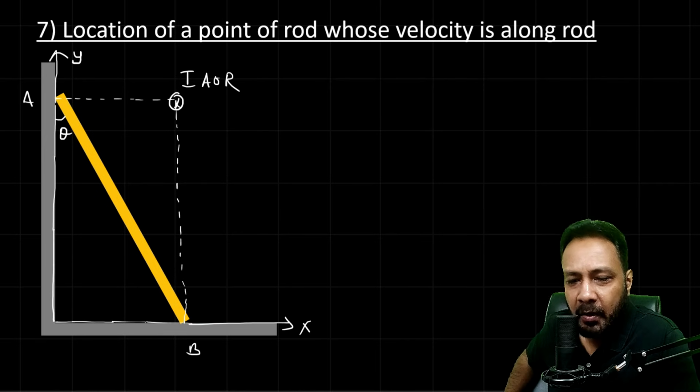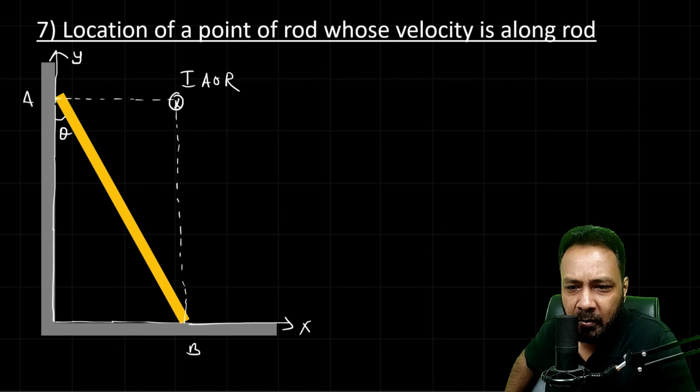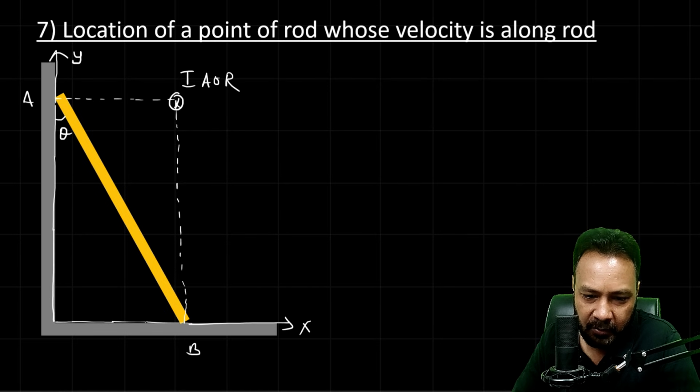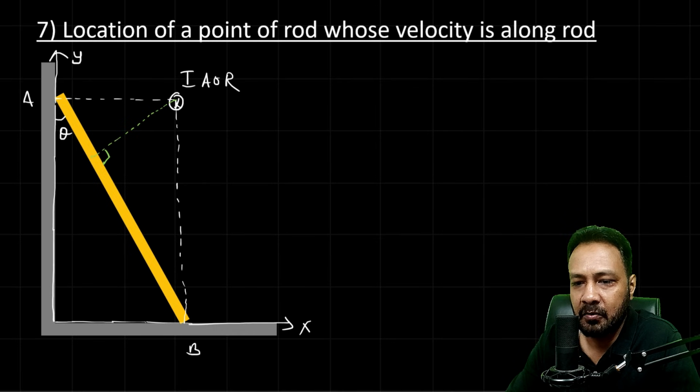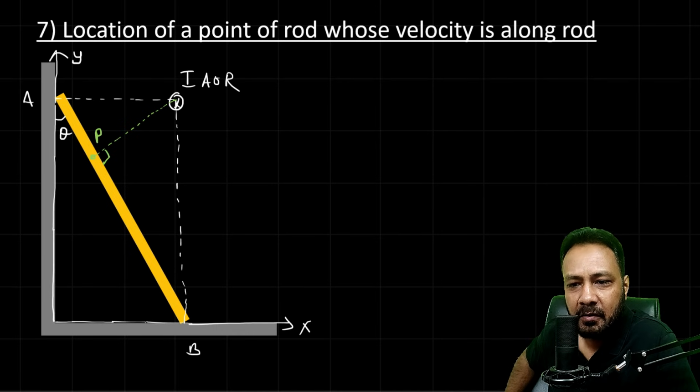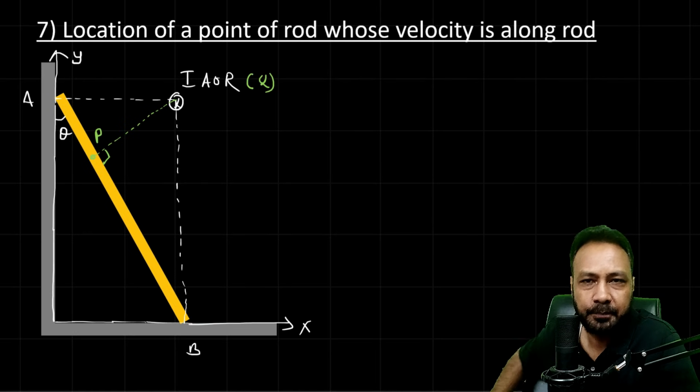So obviously for that point where the velocity is along the rod, the line joining IAOR to that point must be perpendicular to the rod at that point. How? Because if I draw a perpendicular to the rod like this, suppose this point is say P, and IAOR, I just want to write say Q right now.